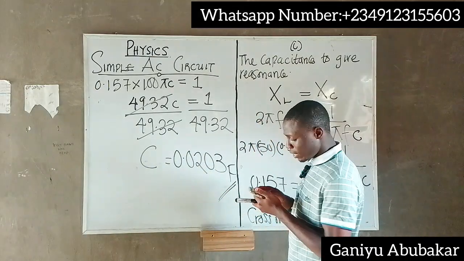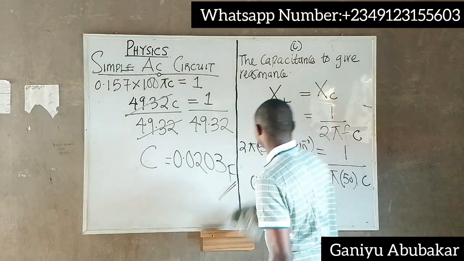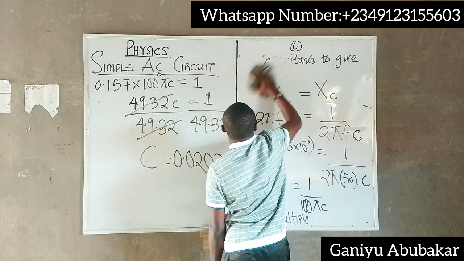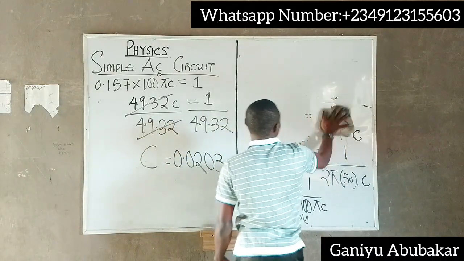let's get the second part. It says the voltage across the inductor and capacitor. Let's get the voltage across inductor and then capacitor.